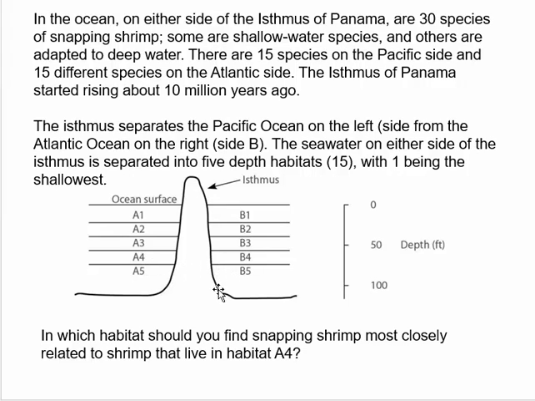So you have to think these are going to get cut off from one another on either side of this isthmus at different times. All right, so what would be the snapping shrimp most closely related to those that live in this habitat in A4?